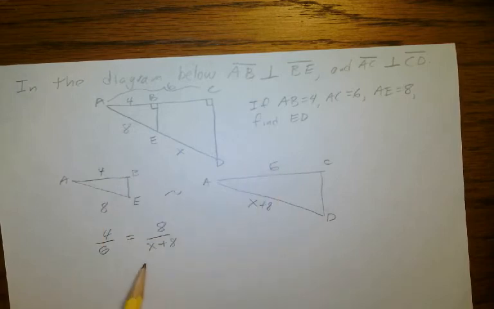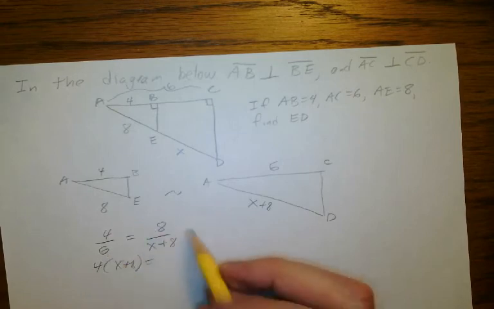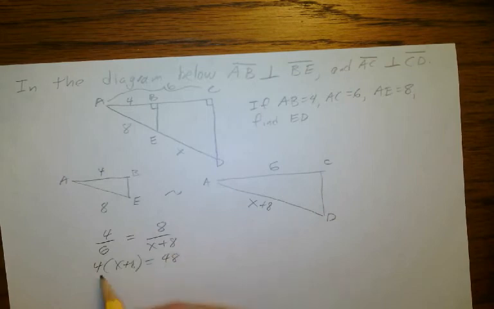Let's go ahead and cross multiply. 4 times X plus 8 equals 6 times 8, which is 48. Let's distribute: 4x plus 32 equals 48. Let's minus the 32. And we get 4x is equal to 16. And we get x is equal to 4.